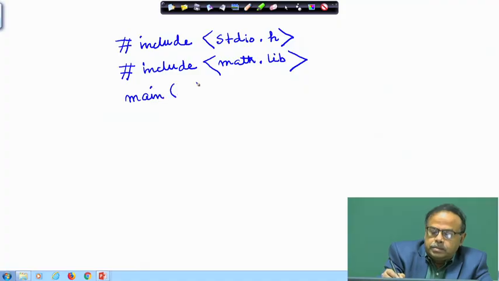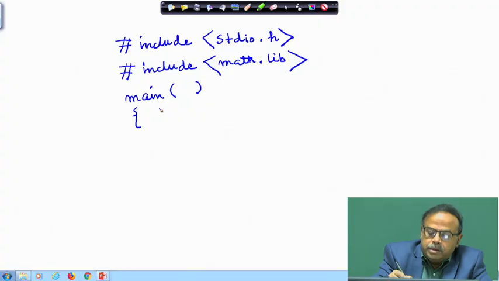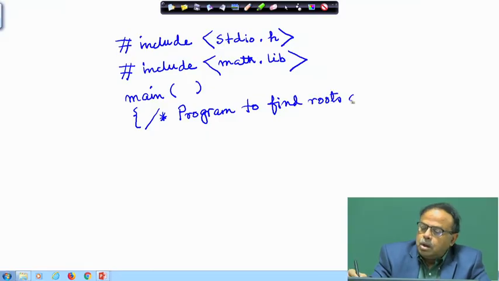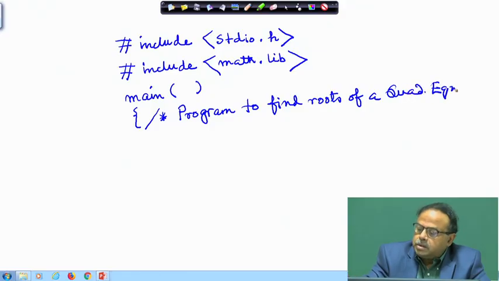Okay. Now, we start our program, main, and we start. I can give a comment, program to find roots of a quadratic equation.